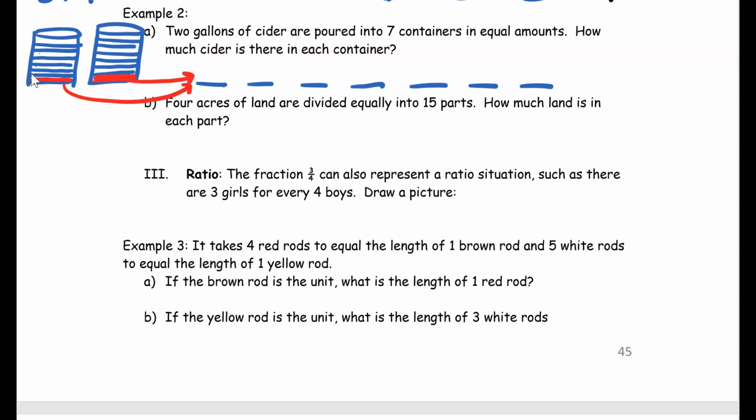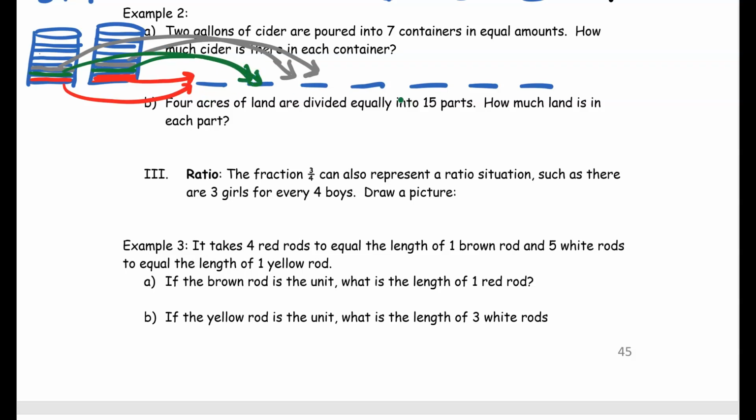And then I could give one of these 7ths to this second container, and I could give the next 7th in each to this third container. So every container, imagine these are glasses, and you know what, let me fix this green one here so it looks like it's going to the second one.